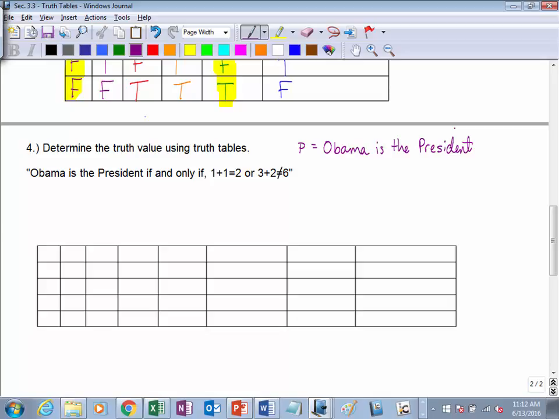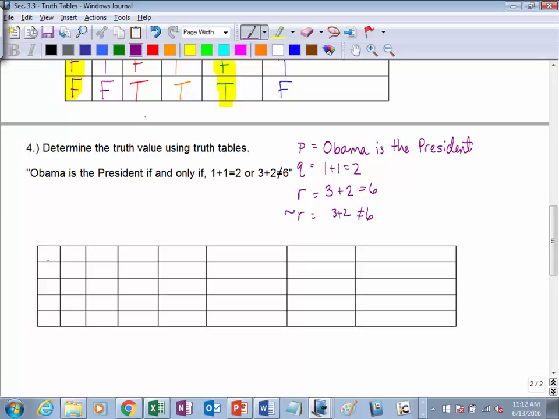Statement Q is 1 + 1 = 2, and statement R would be 3 + 2 is equal to 6. And then tilde R is 3 + 2 is not equal to 6.